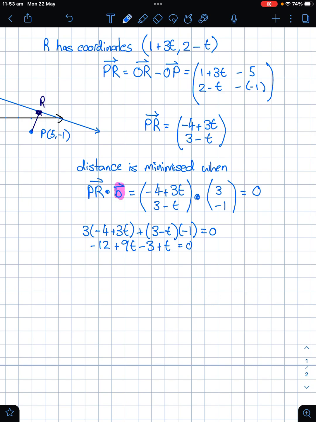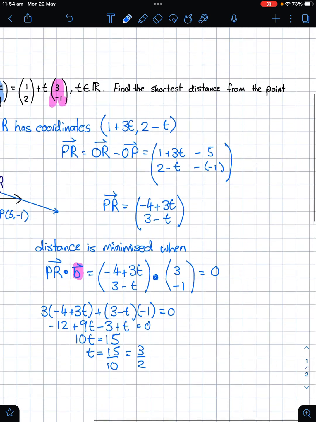We've got 10t equals -12 take 3 is 15, -15. We're going to add 15 to both sides to get rid of it. 10t equals 15. t equals 15 on 10, which equals 3 on 2. All right, so that means that time gives us the best value here.